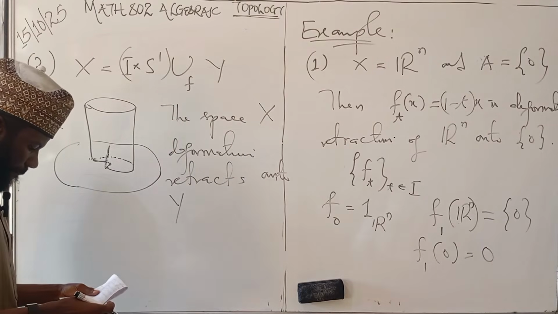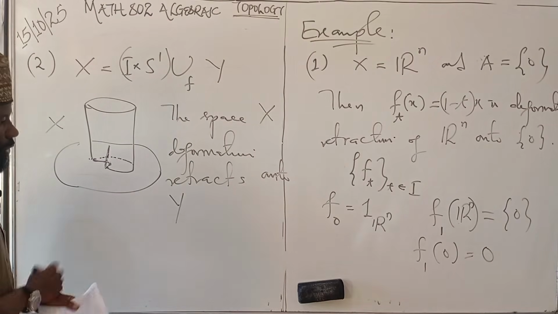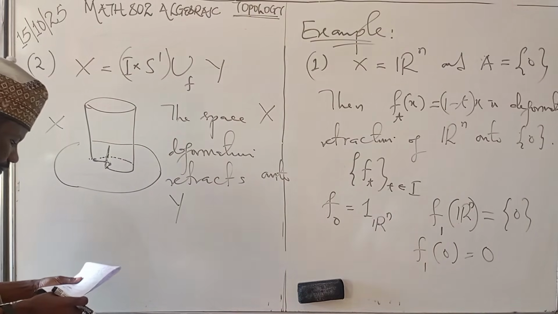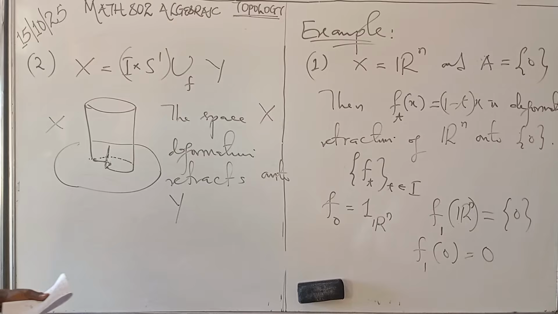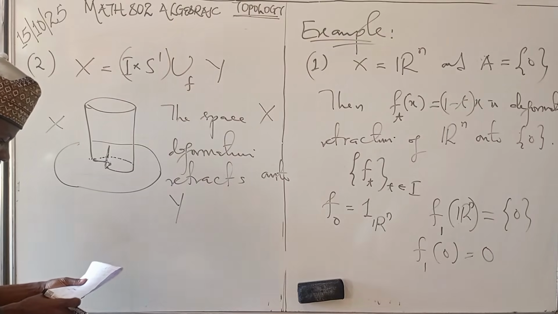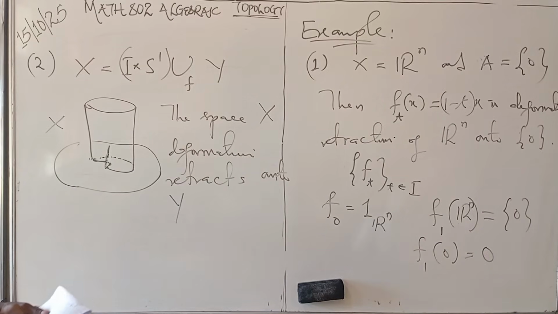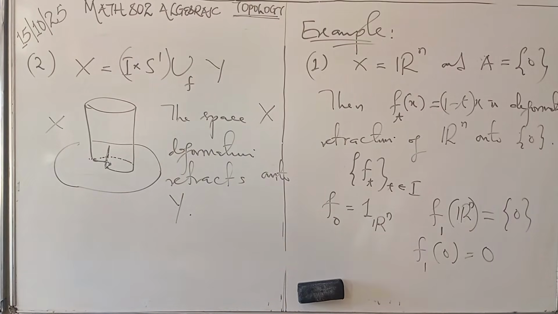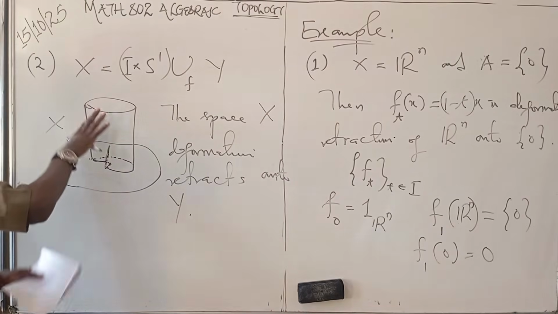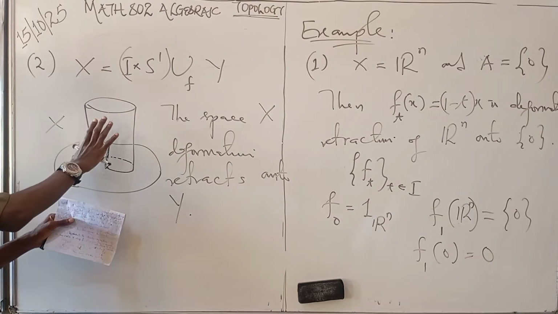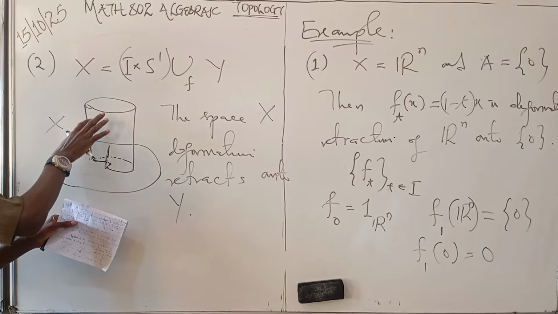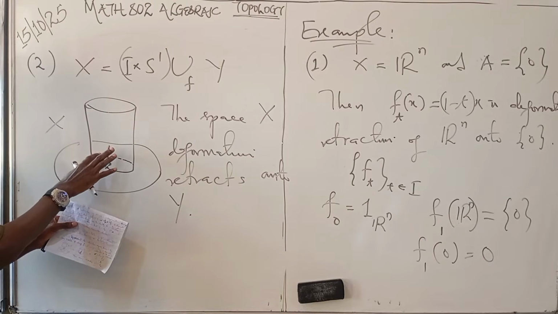So a deformation retract via which mapping, which homotopy, onto Y. You can describe the homotopy so that initially everything is where it is, and then eventually over time, points on the cylinder are just coming down.